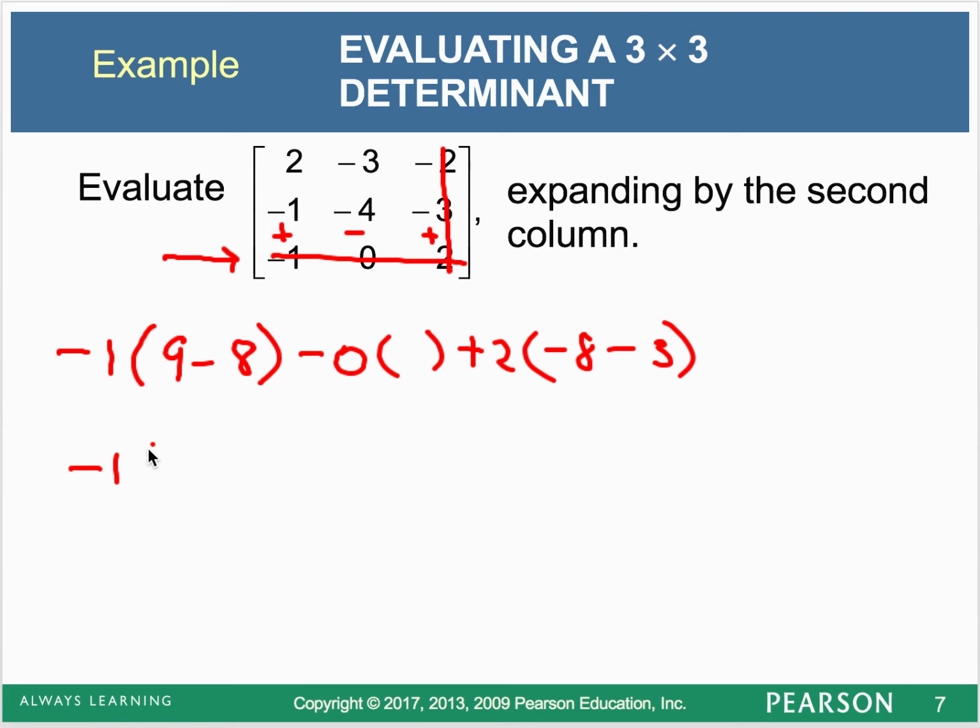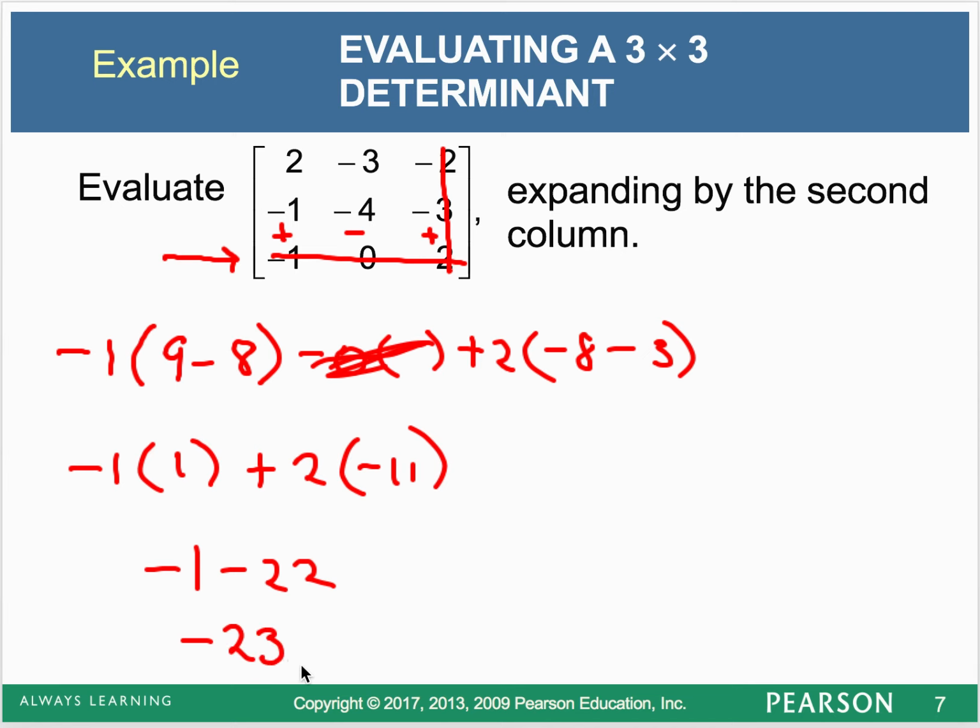So it's -1 times 9 minus 8 is 1, plus 0, or -0, whatever you want to think, 2, -8 minus 3, -11. So I wind up with -1 minus 22. Okay, so the numerical value, the determinant associated with this matrix is -23.